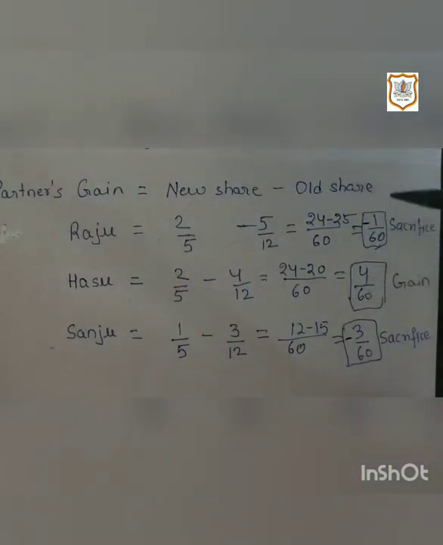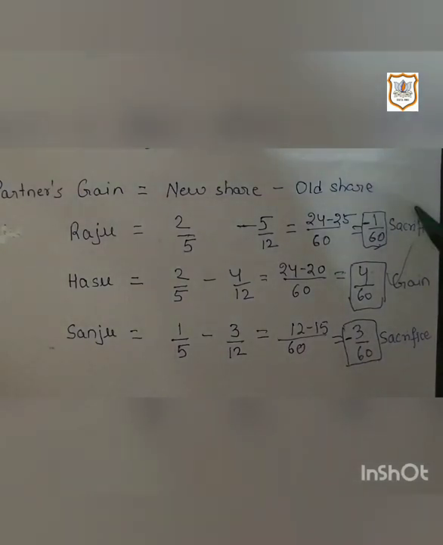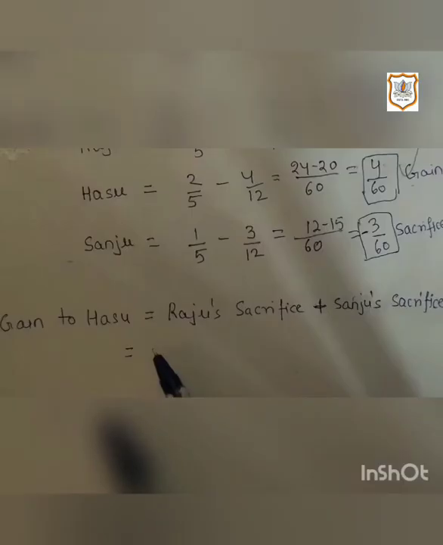Now from this calculation, you can see that Raju and Sanju have sacrificed and the benefit is received by Hasu. And as I told you earlier, the total of sacrifice share and the total of gain share is always equal. You can also check it.